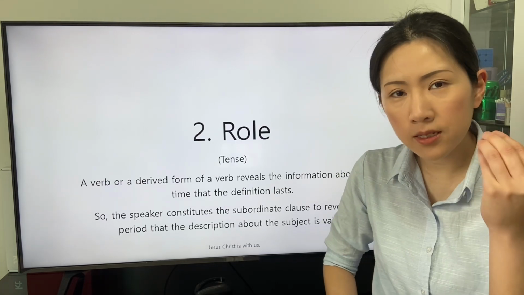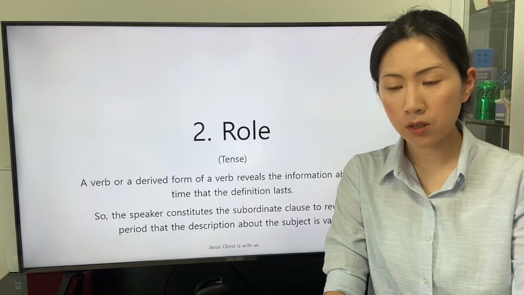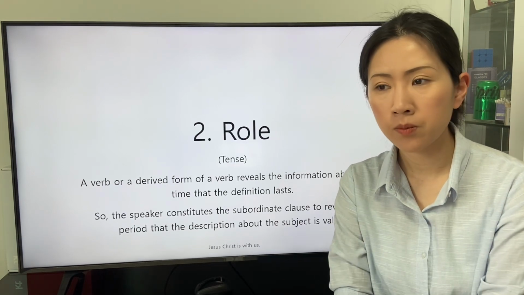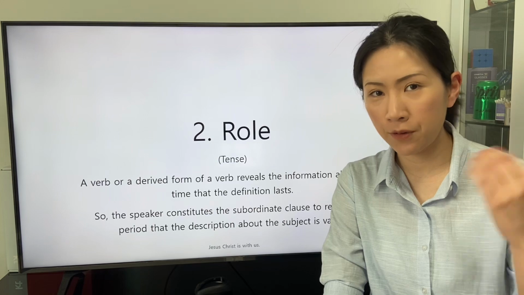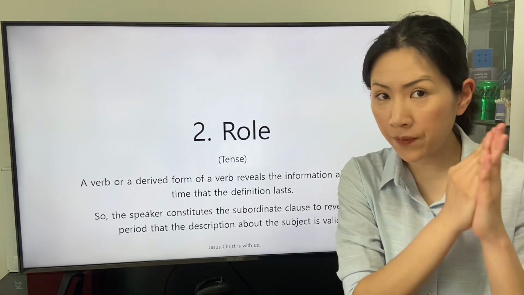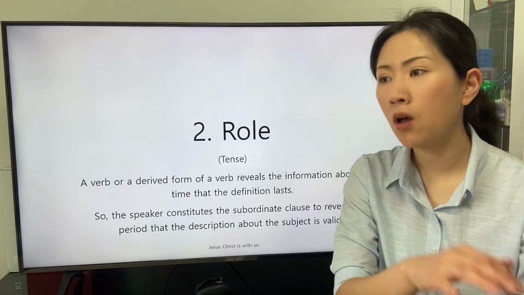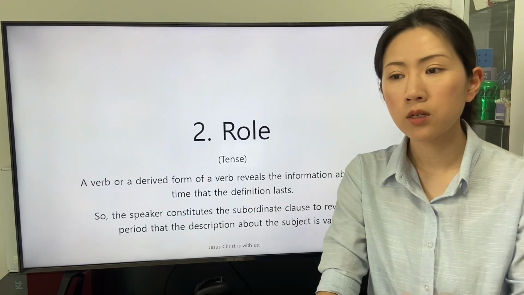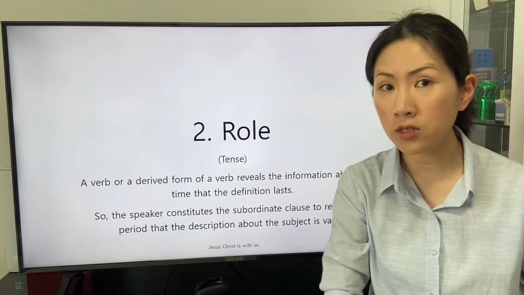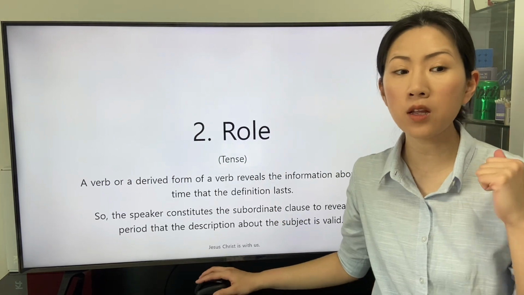The tense reveals the duration of the description. The definition of the verb lasts for a specific point in time or a period. The verb in the subordinate clause is necessary because of the tense.